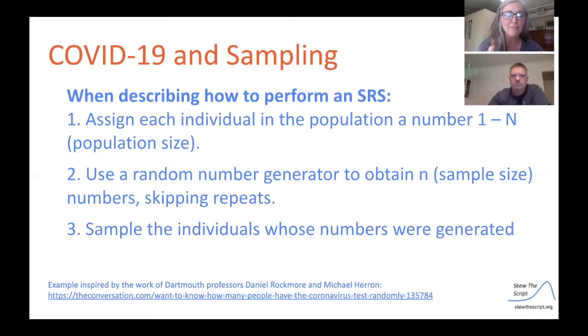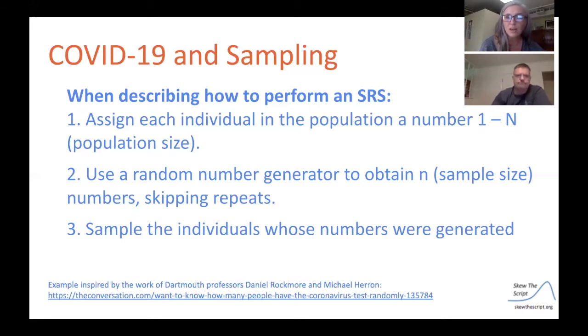If we were talking about fish in a river, this would actually not be possible. We couldn't possibly assign every fish a number because we don't know how many there are. So there are reasons why there's more than one method that we talk about.